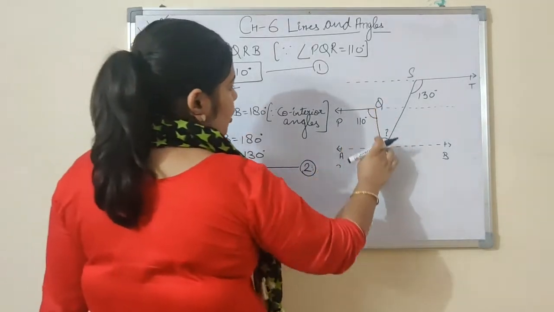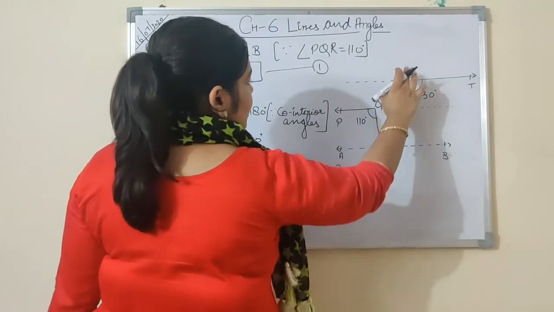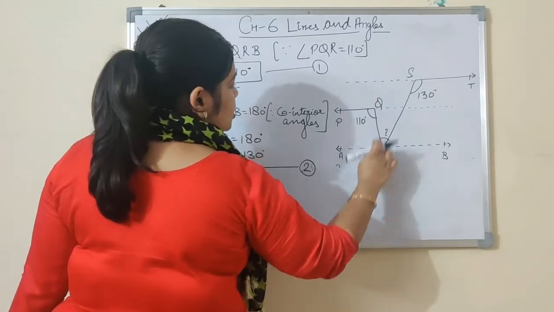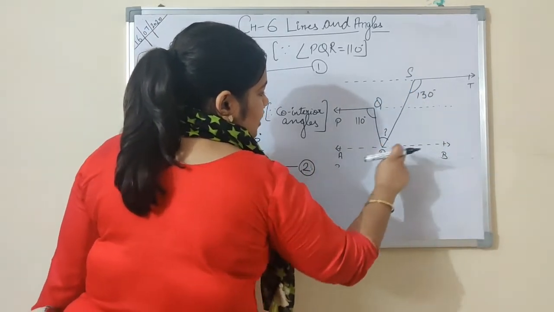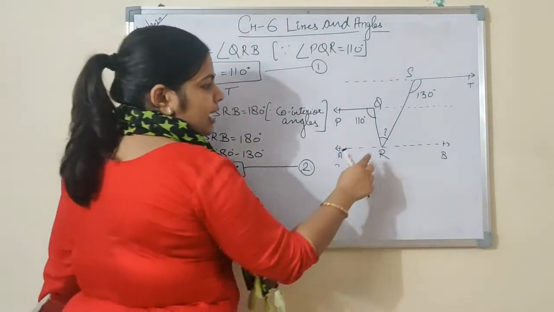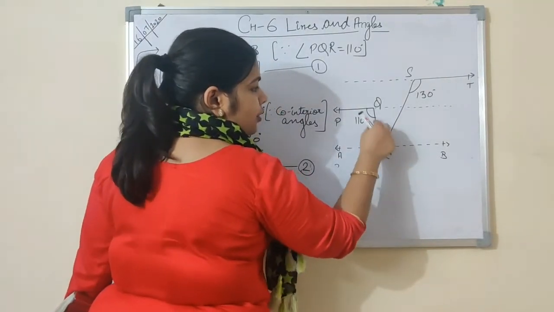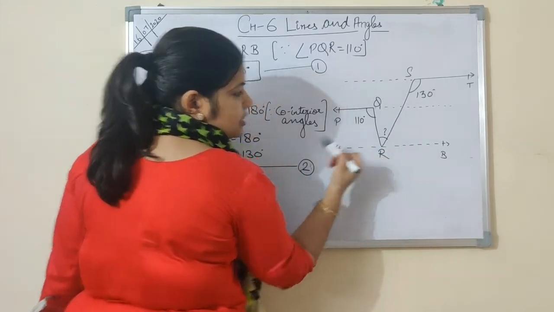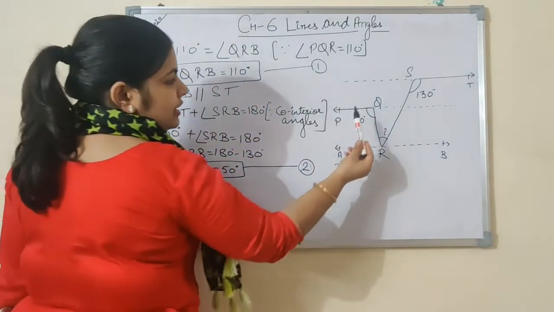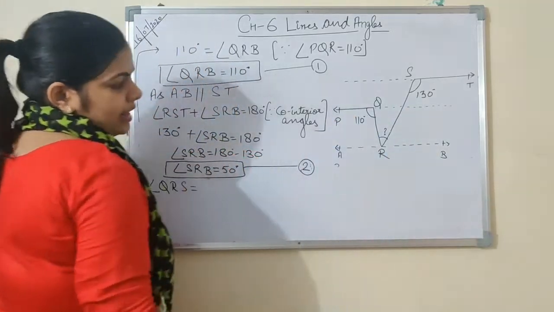According to the figure, angle QRS can be written as angle QRB minus angle SRB. Means if we subtract this angle from this whole angle, then we will get the answer of angle QRS.